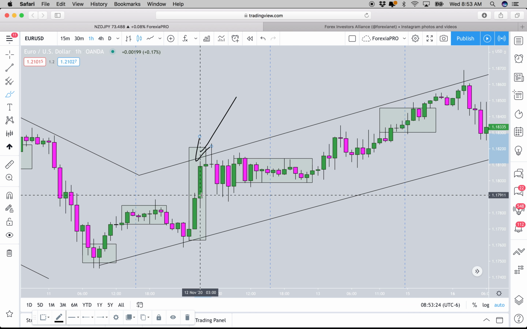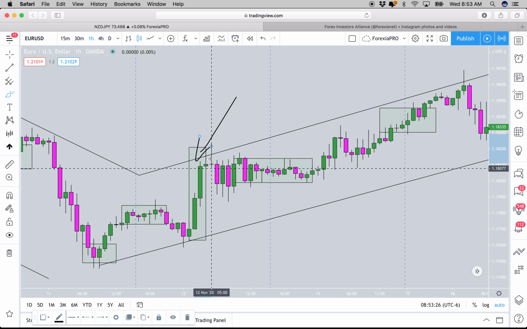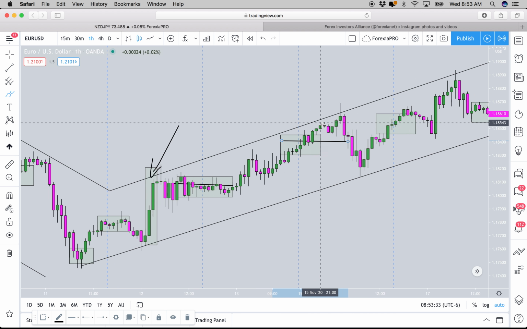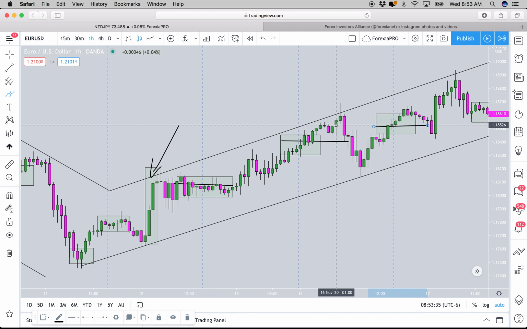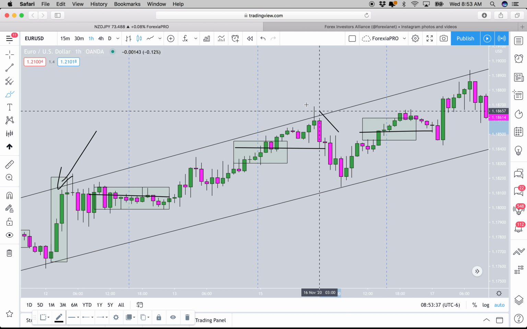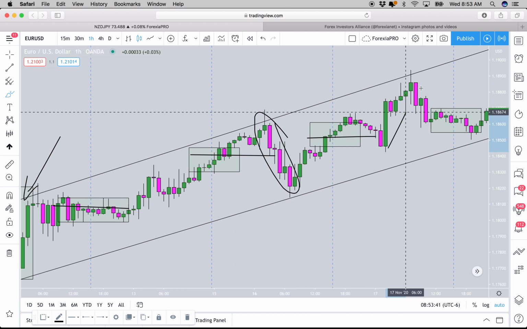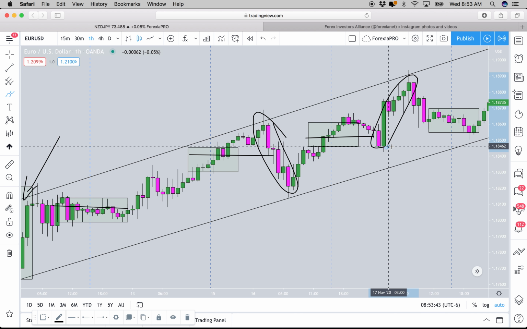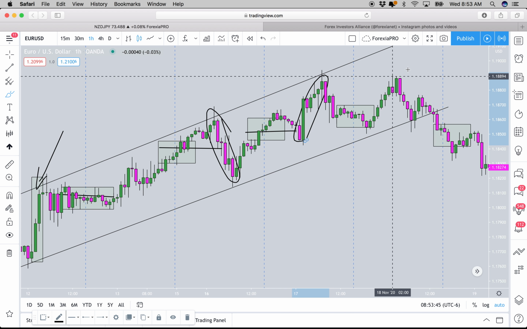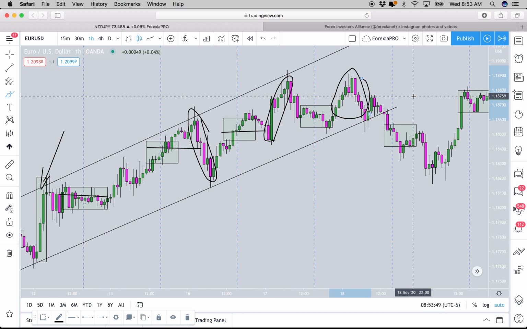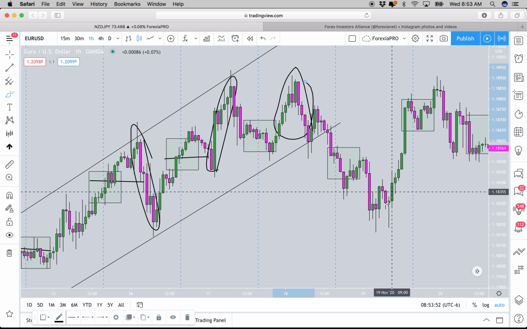The market dedicates very little time to make their move. The rest of the day is spent in consolidation. They dedicate 4 to 6 hours to make their move. The rest of the day, 18 to 20 hours, is spent in consolidation. This is a fact.